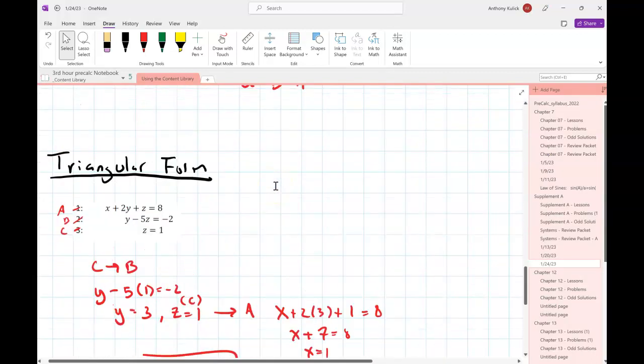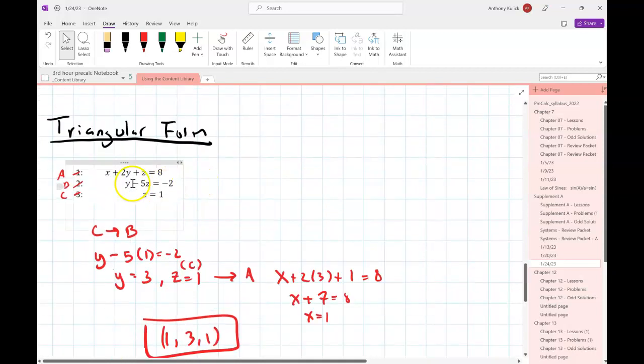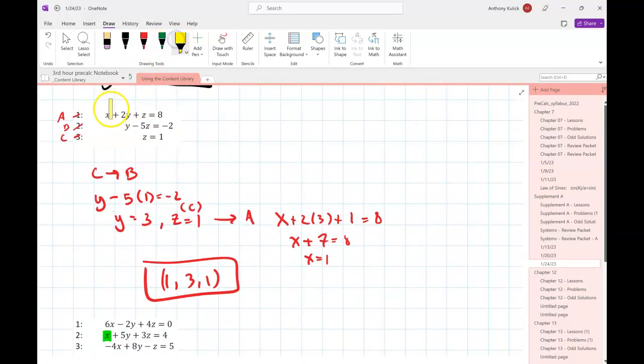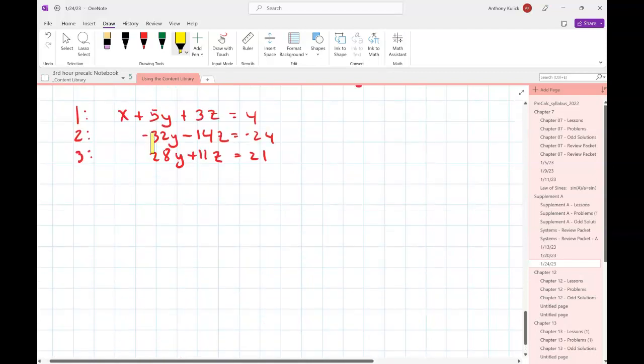Okay. The next thing that I'm going to do, again, if I go back and look at my triangular form, the leading coefficient on the x was 1. The leading coefficient on the y in equation 2 is 1. And then the leading coefficient on the z in equation 3 is 1. So I need to make the leading coefficient 1 for either equation 2 or equation 3 and then swap them.